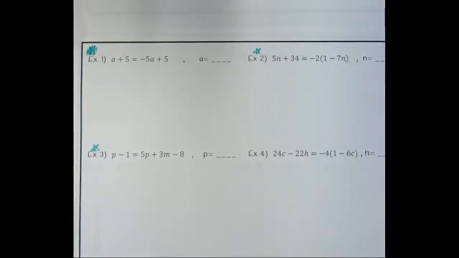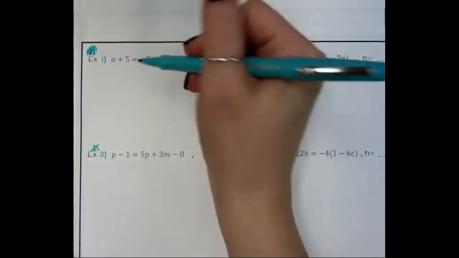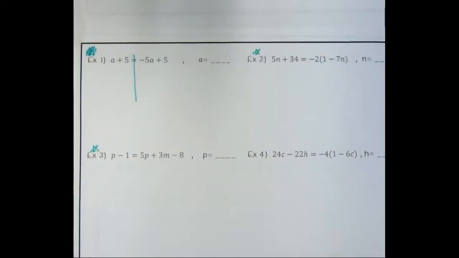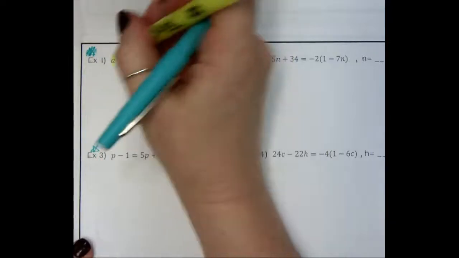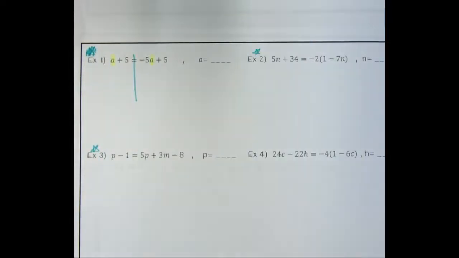Okay, so number 1, that's me. I have the letter A, and what I notice is I have 2 A's. Yikes. Okay. So my goal for me personally, and every mathematician does it a little bit differently, but I prefer to get all my letters together on one side, and then I really start my solving process. Sometimes that's easier to do than others. So sometimes you just kind of have to work your way through the problem.